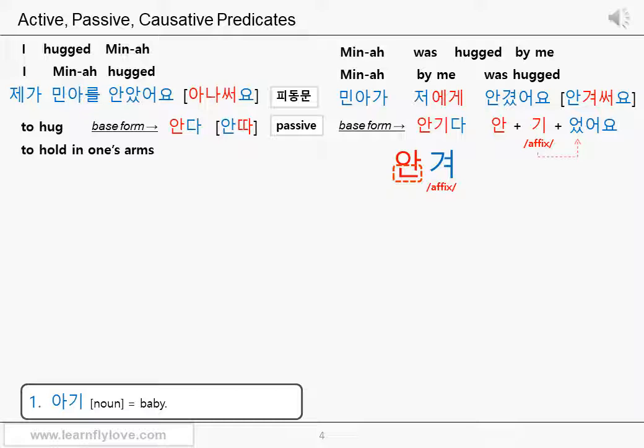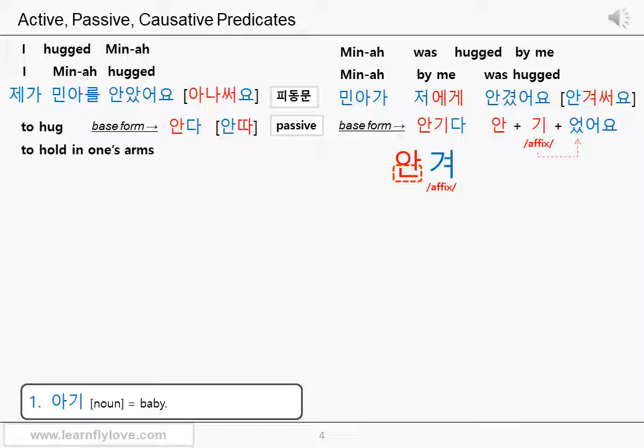The exact usage of this particle, 에게, is more difficult to understand in the passive because sometimes it is not used with certain passive verbs to indicate the word which performs the action. It's mainly because of the quality that this particle, 에게, has. We told you before this particle, 에게, is used to indicate the indirect object.